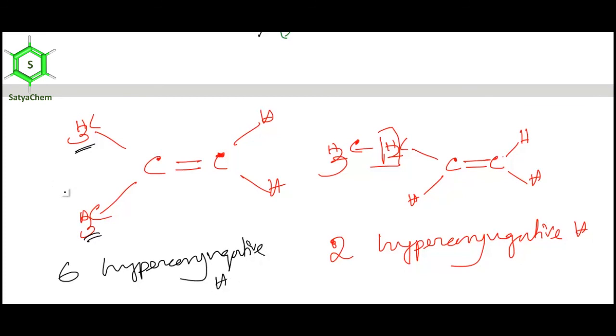Both contain 4 carbons, but as this one has 6 hyperconjugative hydrogens, whereas the other has only 2, this one will be more stable than this one. Stability order.